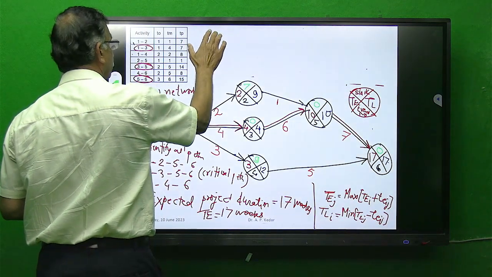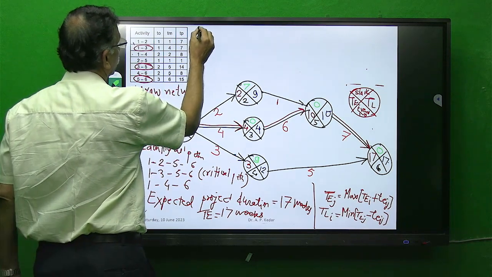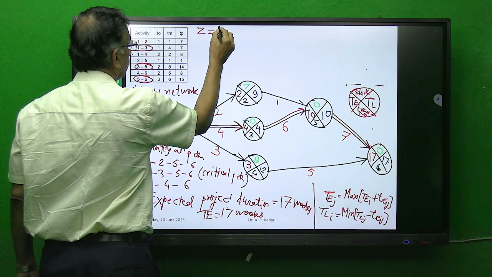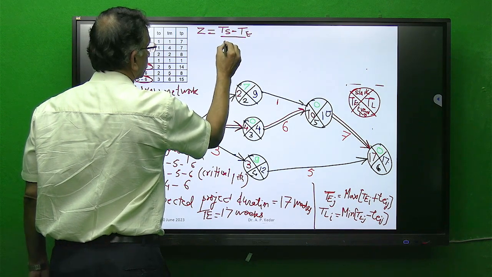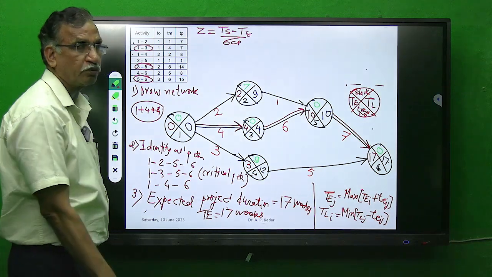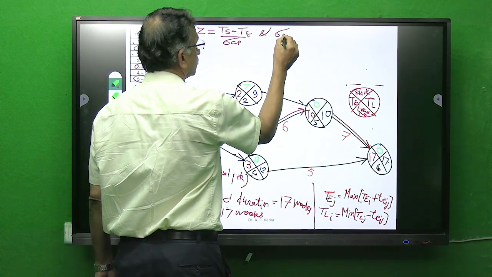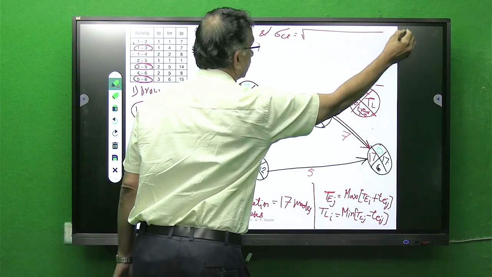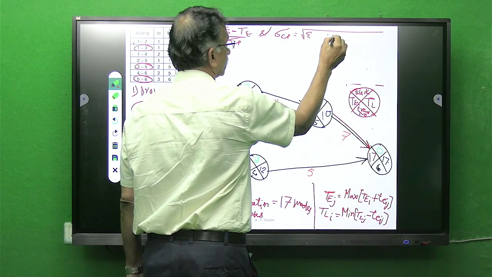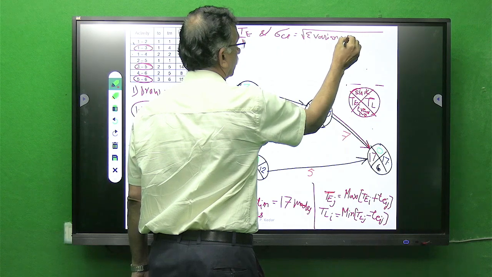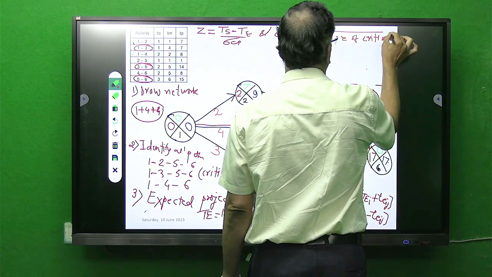Now, see here, we know Z is equal to Ts minus Te by sigma critical path, that we have written, and sigma Cp is equal to under root of summation of variance of critical activity.